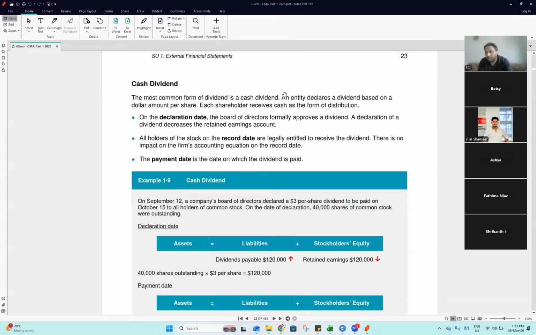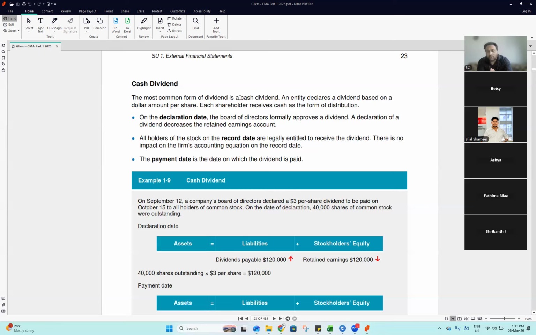Until that point, there is no legal obligation to pay a dividend. The dividend declaration date is the date on which the board of directors declares the dividend. At the same time, the accountant will record a journal entry moving the amount from retained earnings to dividend payable. Clear? Okay.